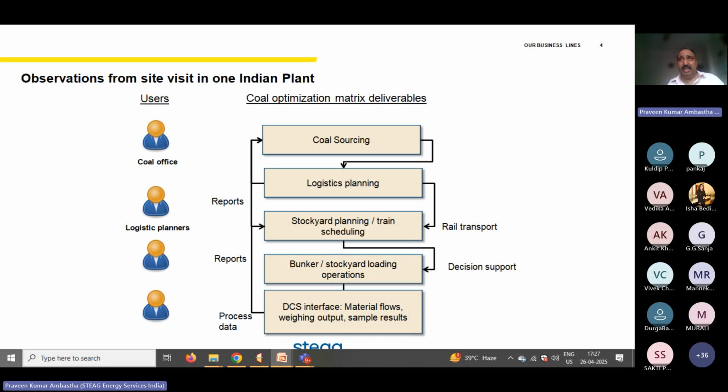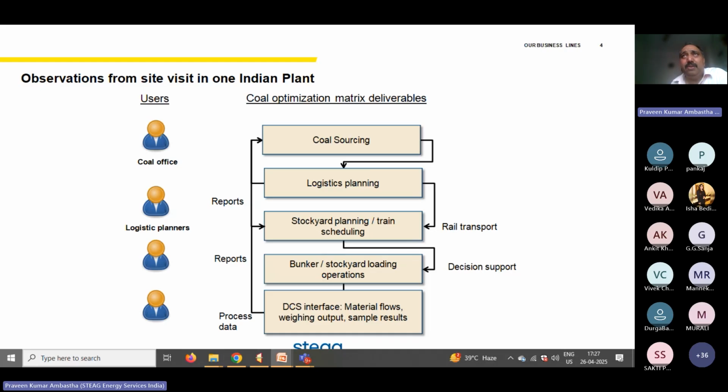So the main aim is that, let us suppose this is the peak time, 6 p.m. in the evening, and you require good coal so that you can reach your peak demand.